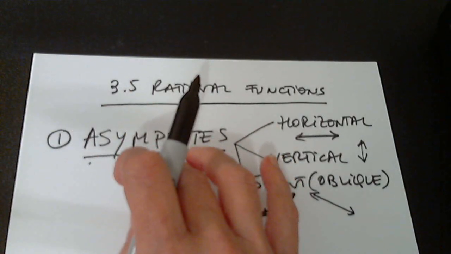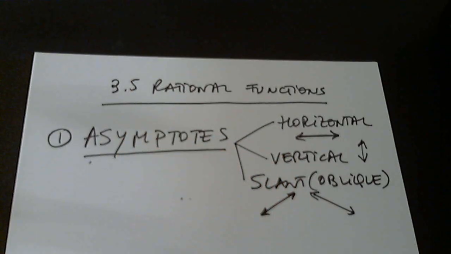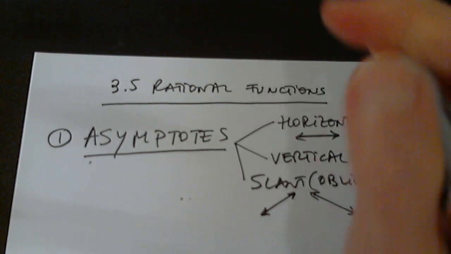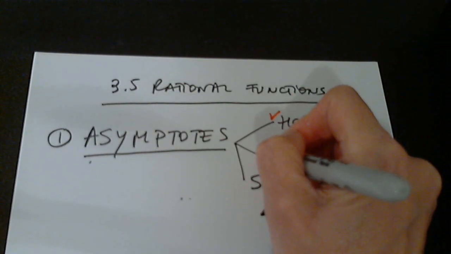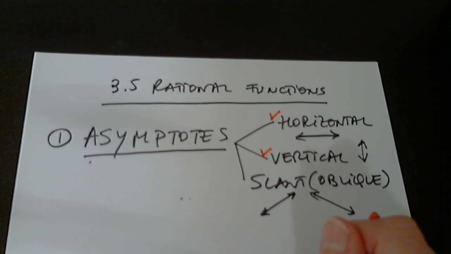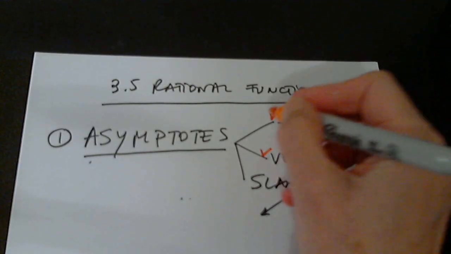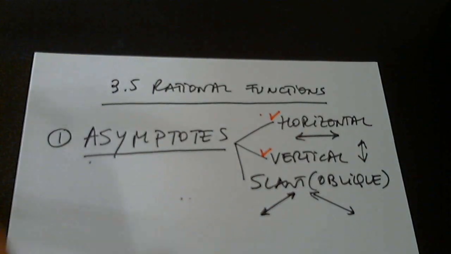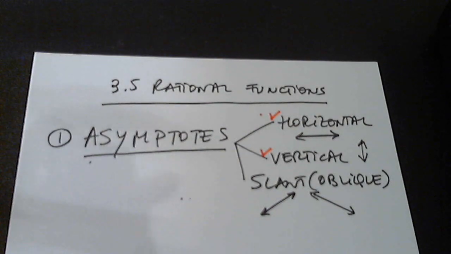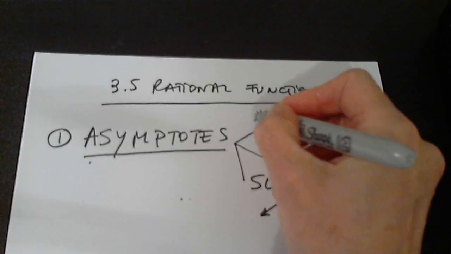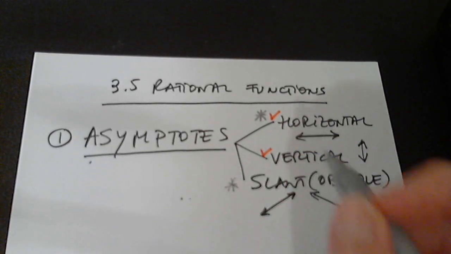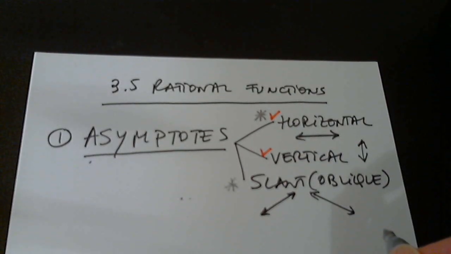What are they? Okay, an example of each. However, I need to mention from the very beginning, horizontal and vertical can be together in the same function. Horizontal and slant can never be in the same function.